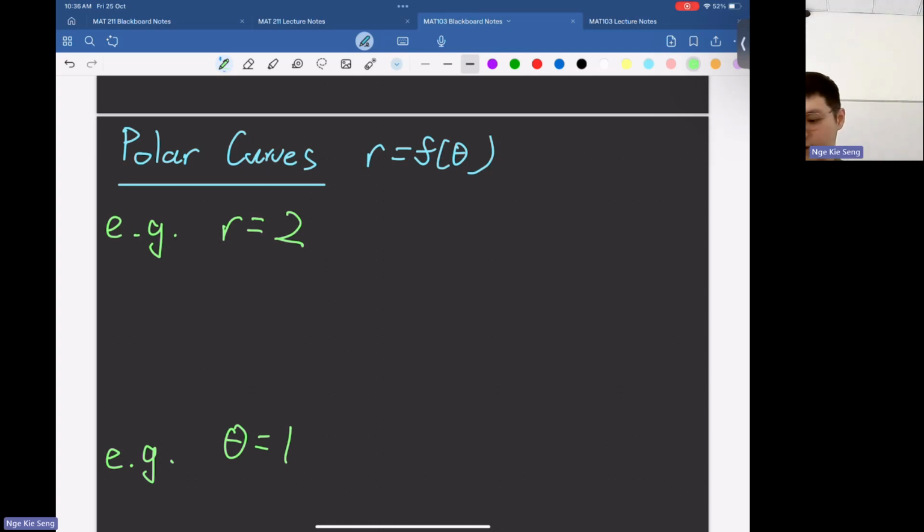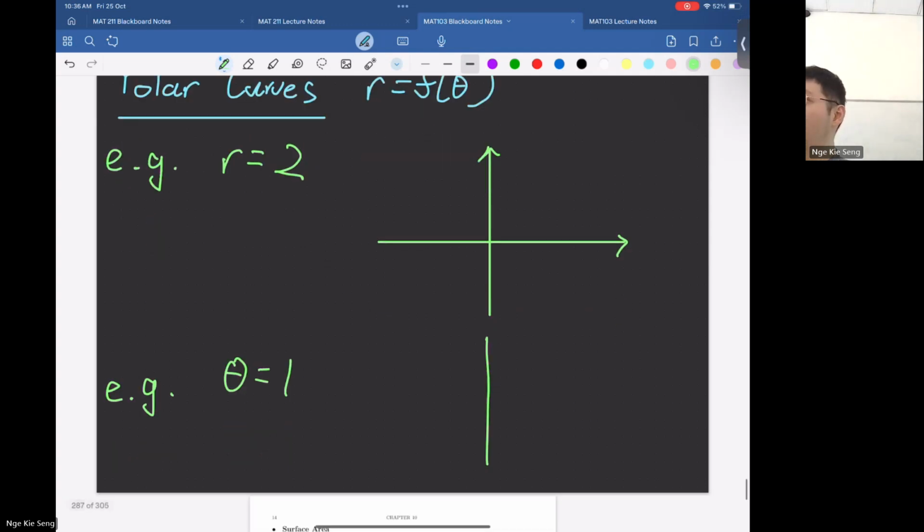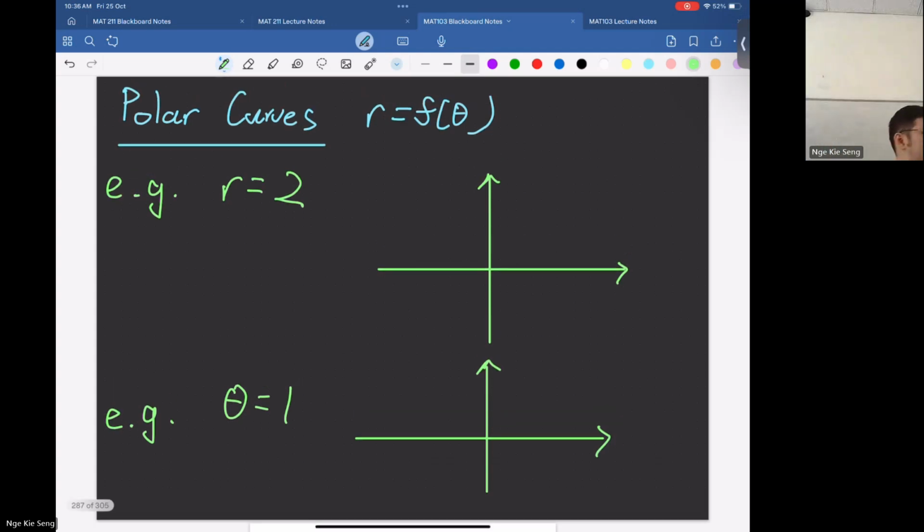How should you draw them on an xy plane? What points satisfy radius equals 2? What points satisfy angle equals 1?